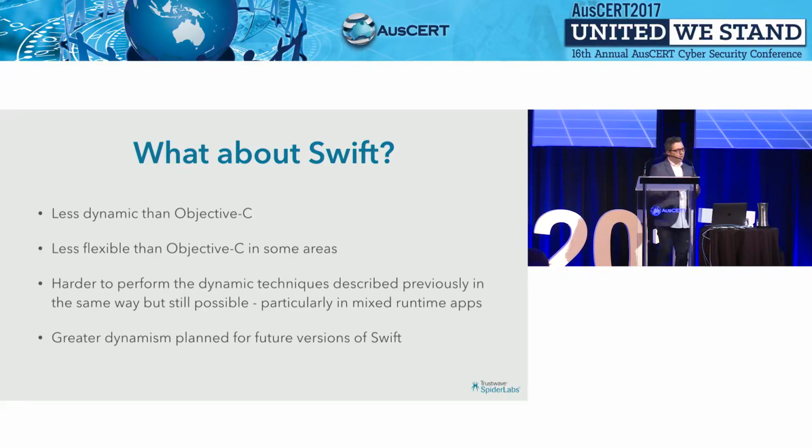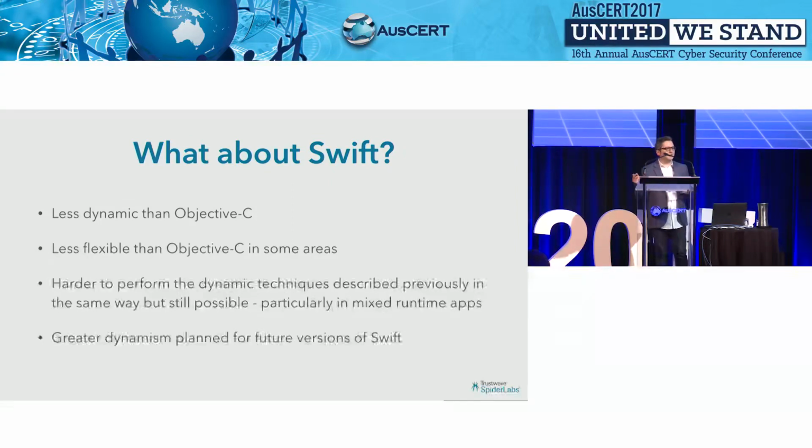But even though it's harder to perform the dynamic techniques that I just mentioned, it's still possible, particularly in mixed runtime apps. So where you've got Objective-C code mixed in with Swift code, which is pretty common, right? People that are maintaining existing Objective-C applications, as they transition to Swift, will throw in discrete pockets of Swift and create a bridge runtime that has both, and that allows a lot more of those dynamic features to come into it.